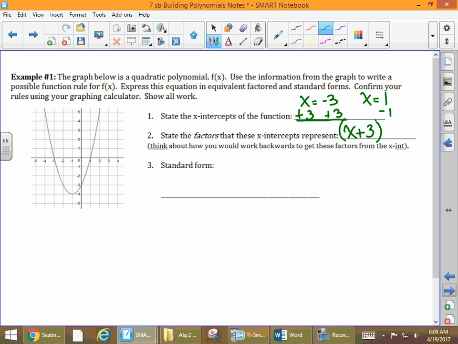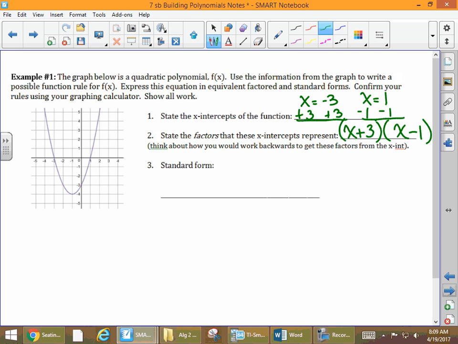We can subtract 1 from both sides, and we get x minus 1. So if we state the roots, and then we move them over so that they're with the variable, we've got this in factored form. Well, there's the factored form.